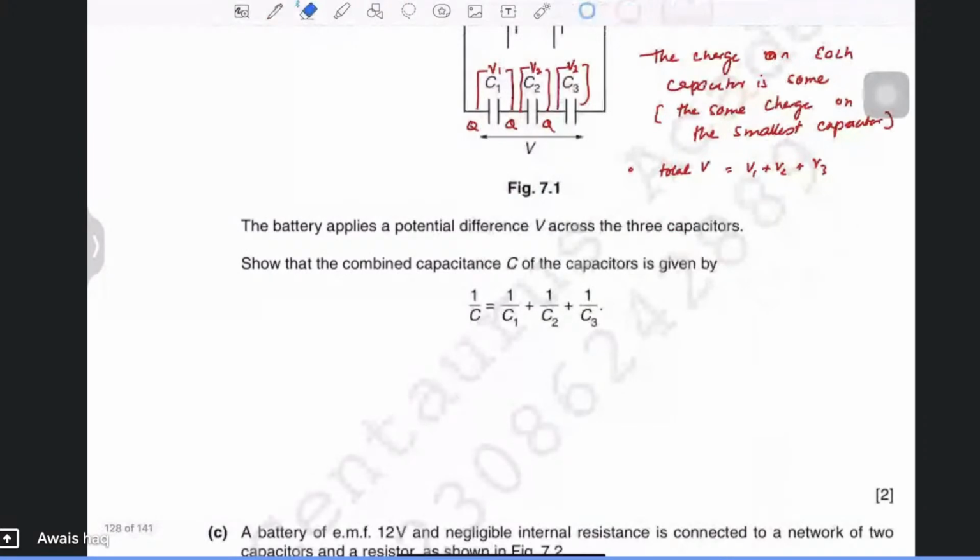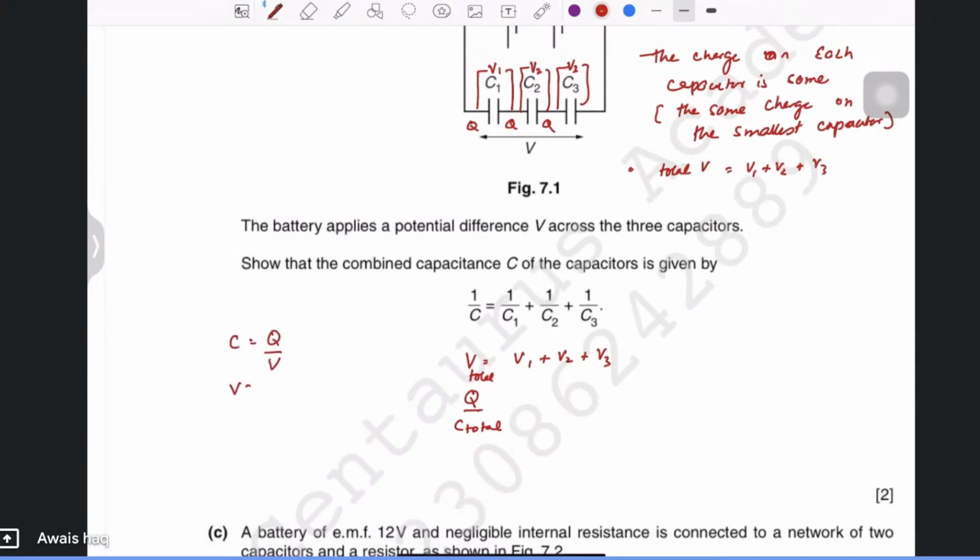So since V total is equal to V1 plus V2 plus V3, this means that Q over C total, how do I know this? Because C was Q over V, so V will be Q over C, will be equal to Q over C1 plus Q over C2 plus Q over C3.